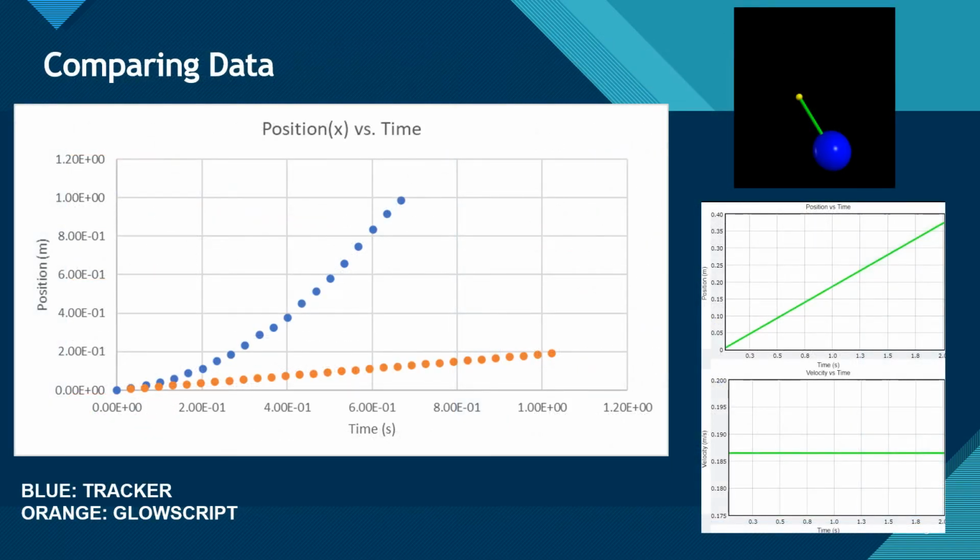So now the most important part, comparing our data. So first of all, here we have an image of how the computational model looked like, which is basically the movement that the object had from the beginning of the ramp to the end of the ramp. We also see that we have a constant velocity and our position graph increases because we're moving into the positive direction of our x-axis.